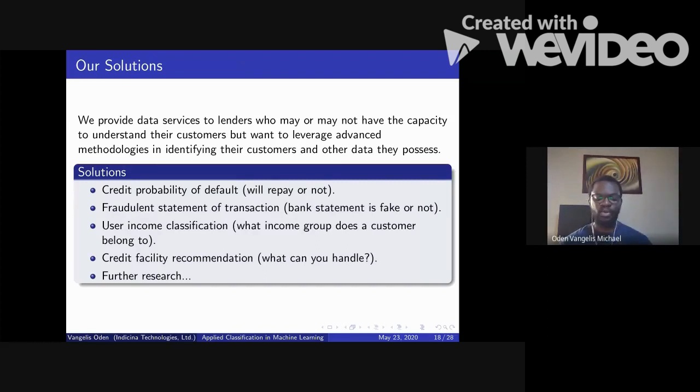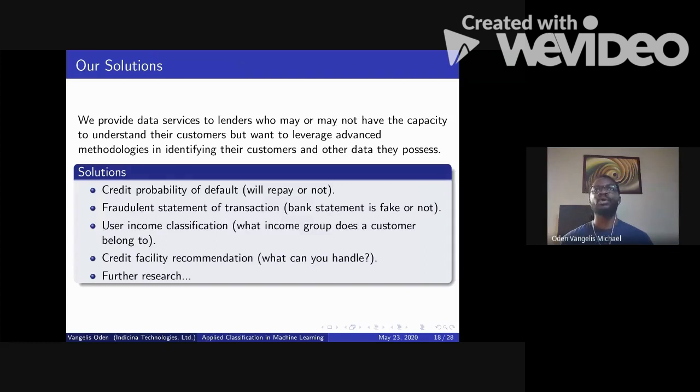Now, where I work, we provide data services to lenders who may or may not have the capacity to understand their customers, but want to leverage advanced methodologies in identifying their customers and other data that they possess. So what we do is we go to a lender and we say, hi, do you want to know who your customers are?